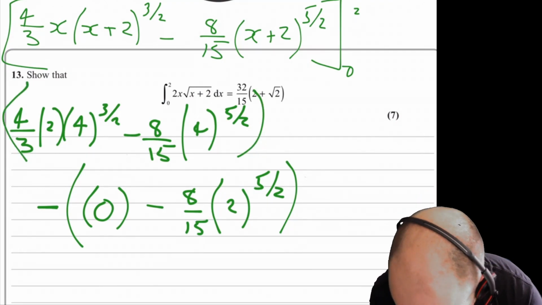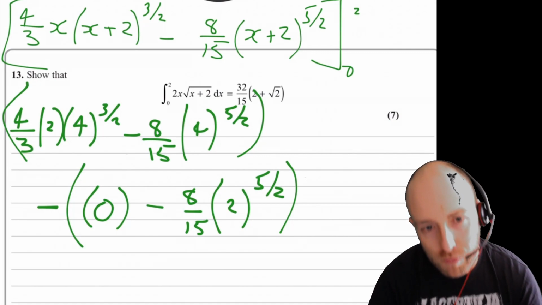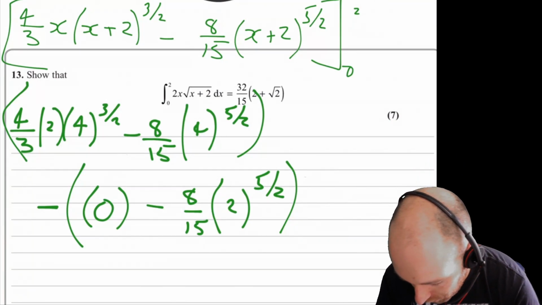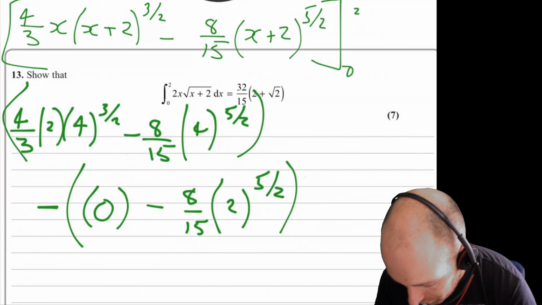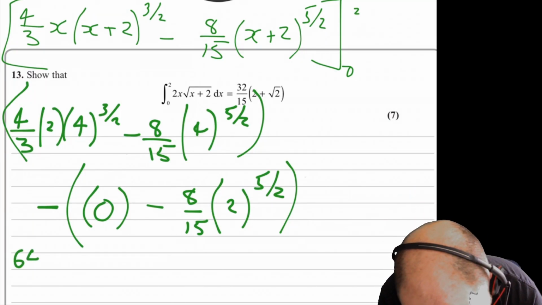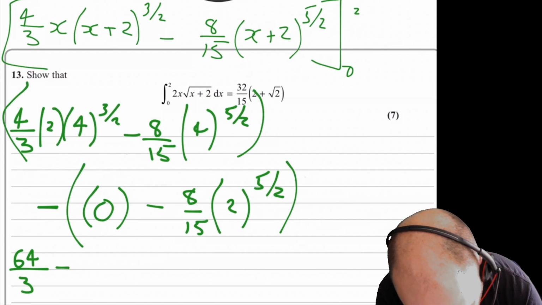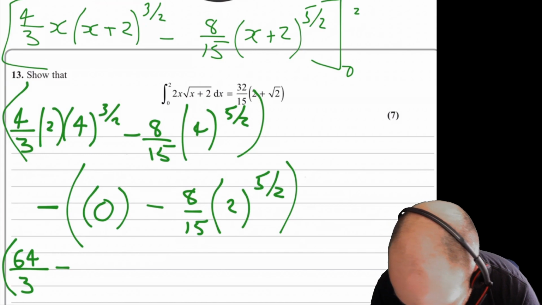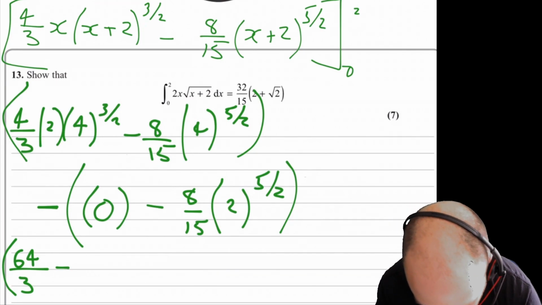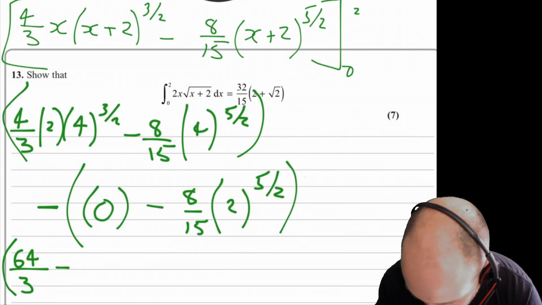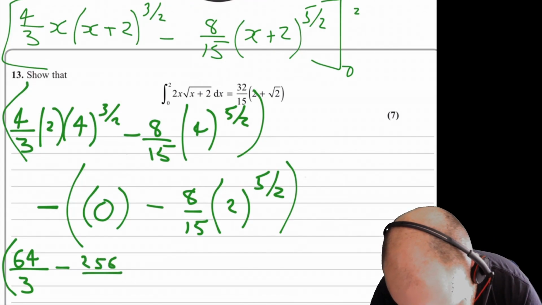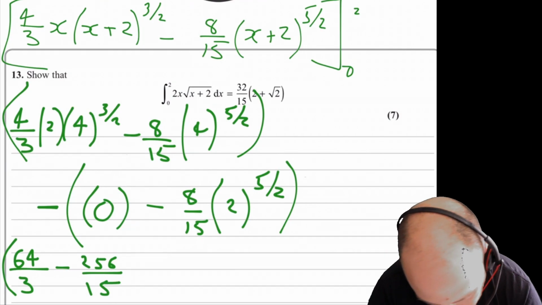All right, first one then. 4 to the 3 over 2 is going to be root 4, which is 2. 2 cubed is 8, times 2 is 16. 16 times 4/3 is 64 over 3. Take away 4 to the 5 over 2 is going to be 2 to the power 5, which is, what, 32, times 8 over 15, which is minus 256 over 15, I think.